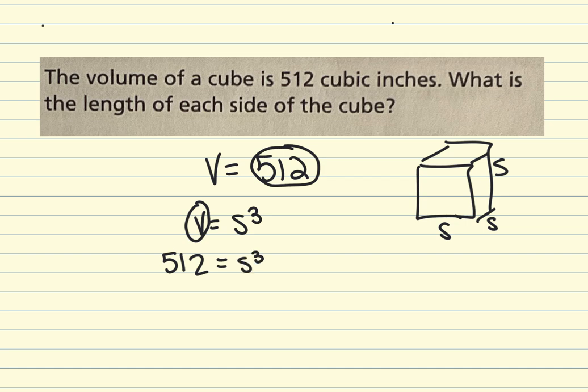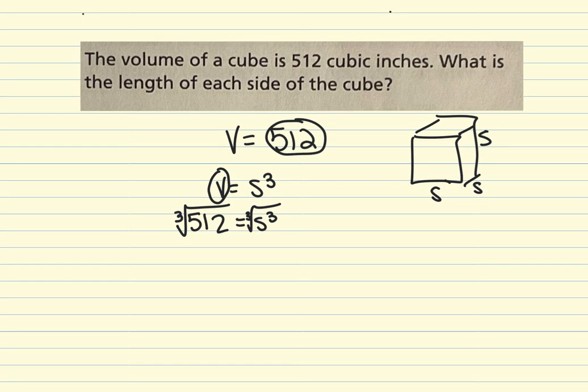The inverse operation of cubing something is taking the cube root. 512 is a perfect cube, okay? If it was not a perfect cube, you could leave it in that format. But I know that the cube root of 512 is the same thing. I can multiply 8 three times.